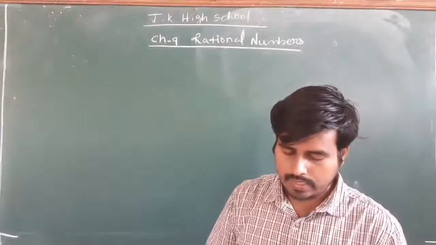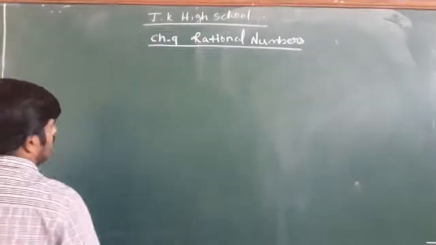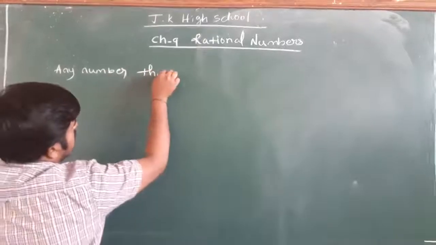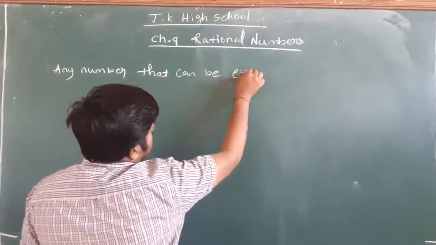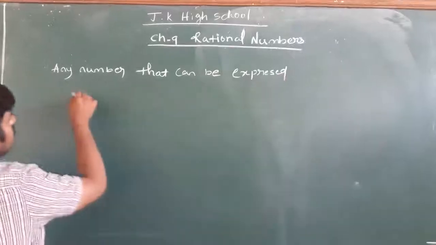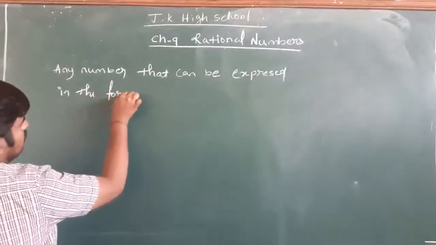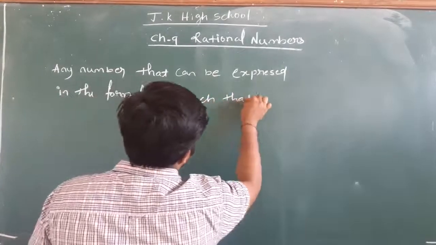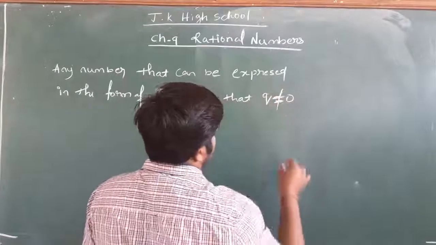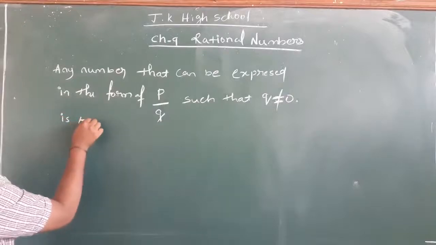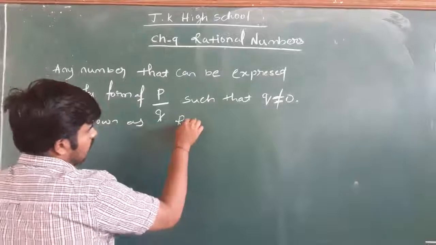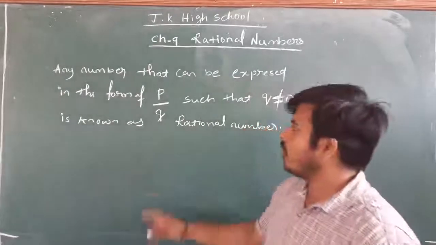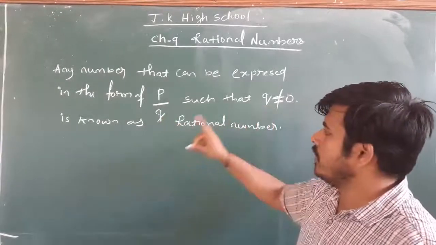So the definition of a rational number is: any number that can be expressed in the form of p by q such that q is not equal to 0 is known as a rational number.